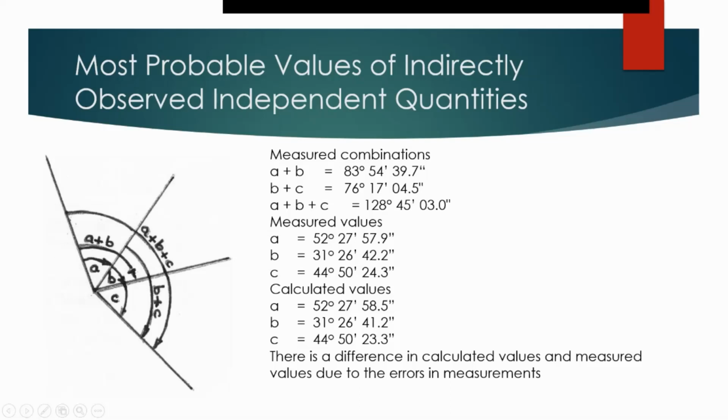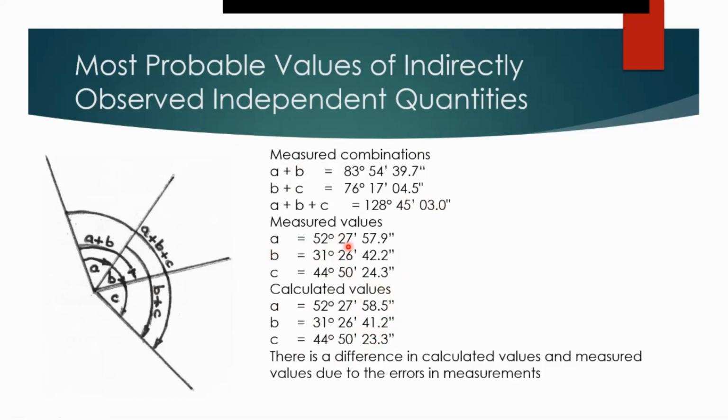Now when you measure ABC here independently, you get these 3 answers, right? But with calculations, by using these 3 equations, if you calculate the ABC, you can see there is a slight change in measurements.